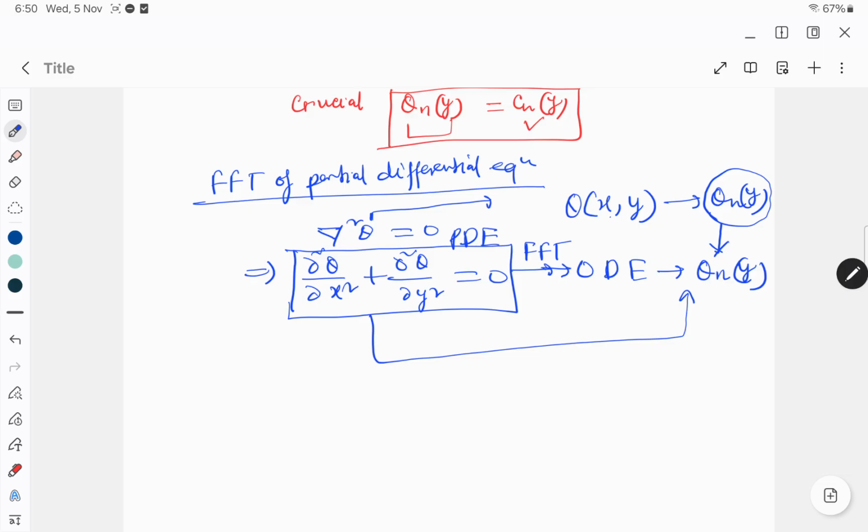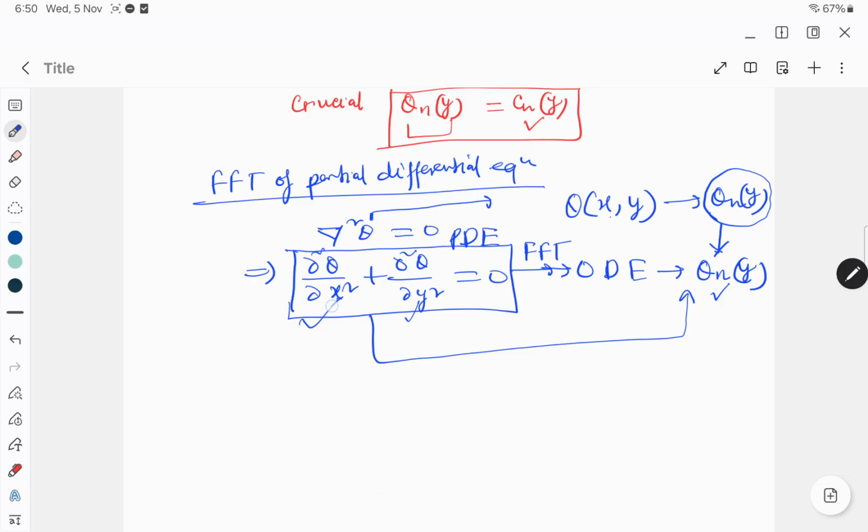The ordinary differential equation governing theta n of y is obtained by transforming each term of the partial differential equation by taking the FFT. Now we will take the FFT of this whole partial differential equation.